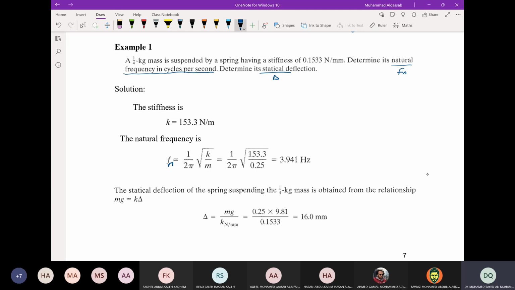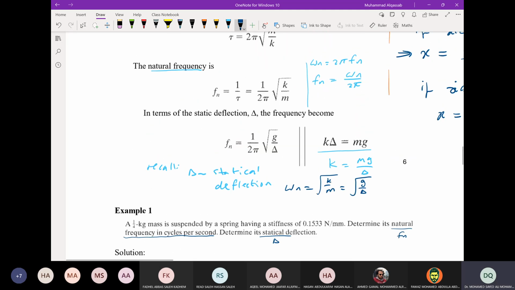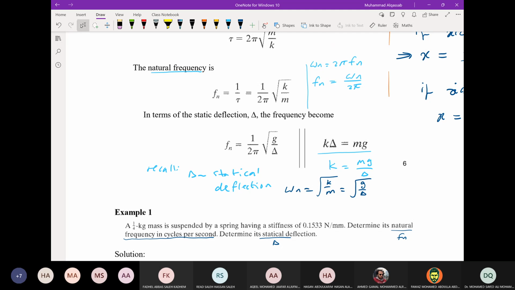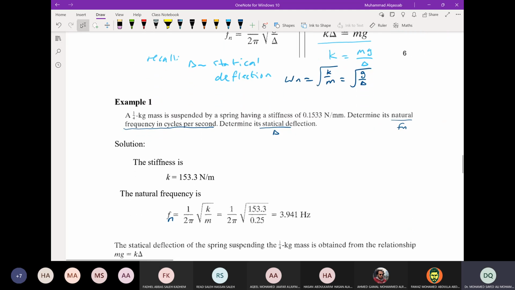Now we spent maybe almost 2 lectures deriving fn or omega n. So whenever we have a spring mass system, you just need to take the final equation for the frequency, as well as the amplitude if required. So you don't have to do the whole procedure.